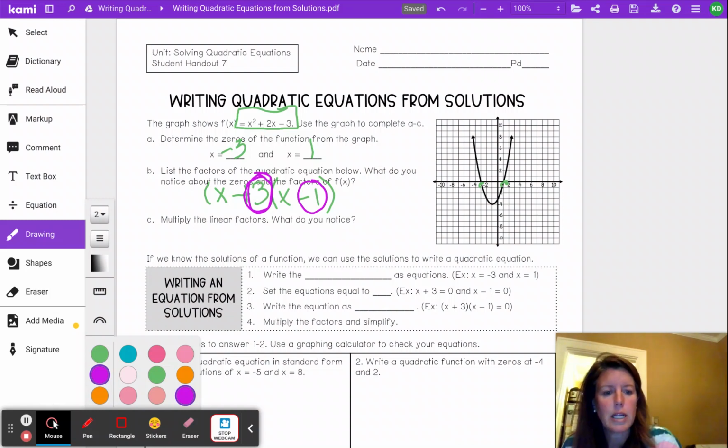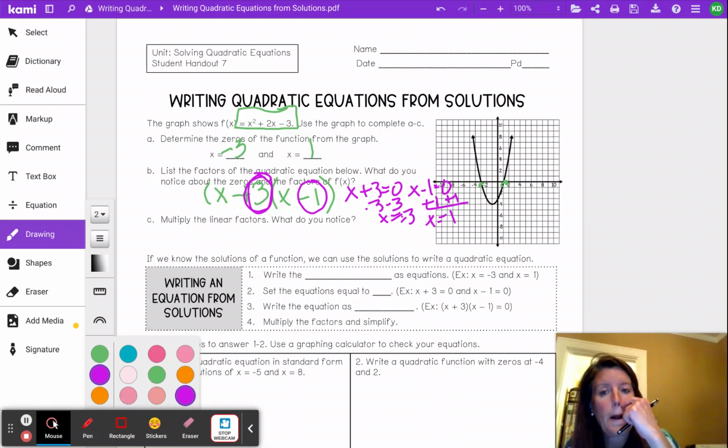If we set each one of these equal to 0, x plus 3 equals 0 and x minus 1 equals 0, and solve that out, x equals -3 and x equals 1.